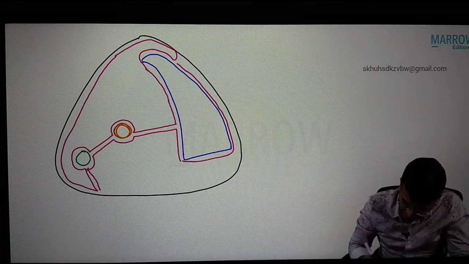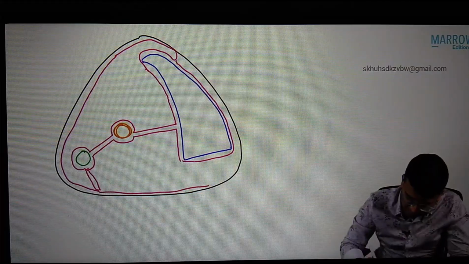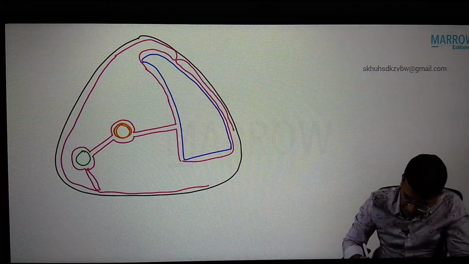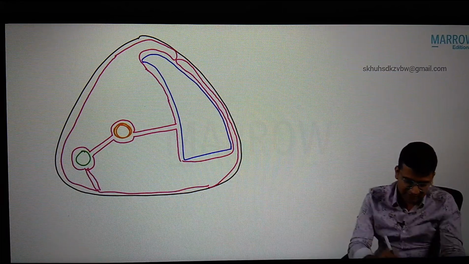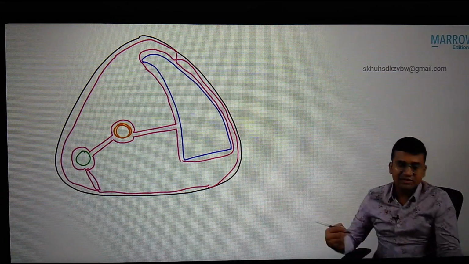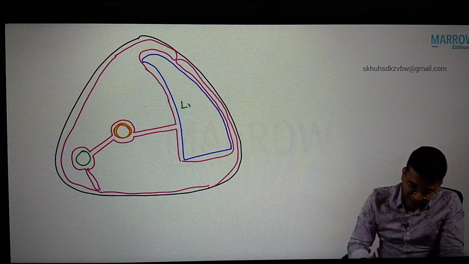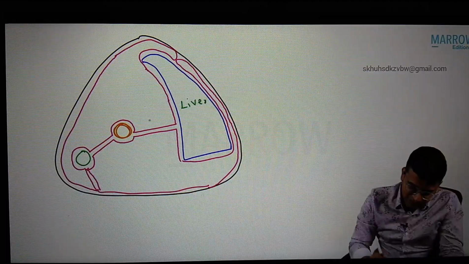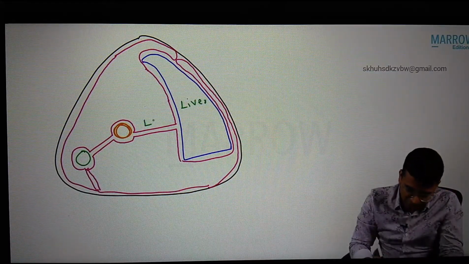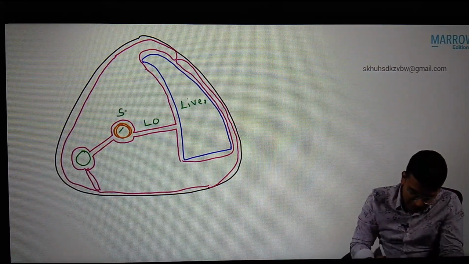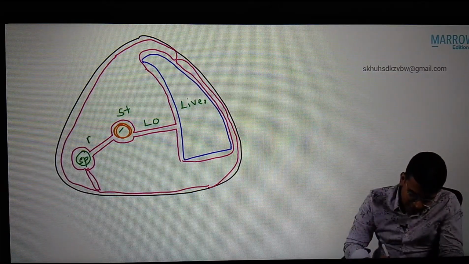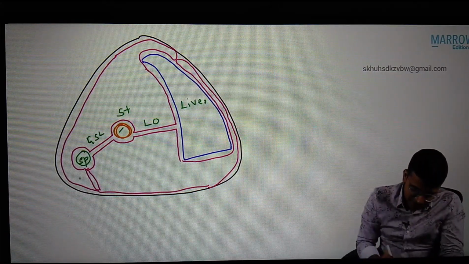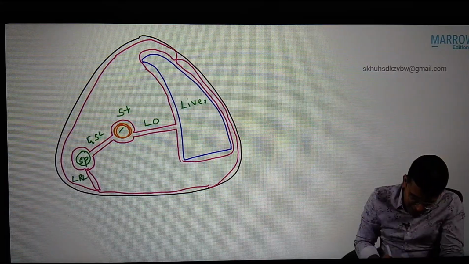Now because of the rotation, we got one new space. That space is formed behind the stomach. That space is called the lesser sac. This is the liver, this is the lesser omentum, this is the stomach, this is the spleen, this is our gastrosplenic ligament, and this is the renal ligament.